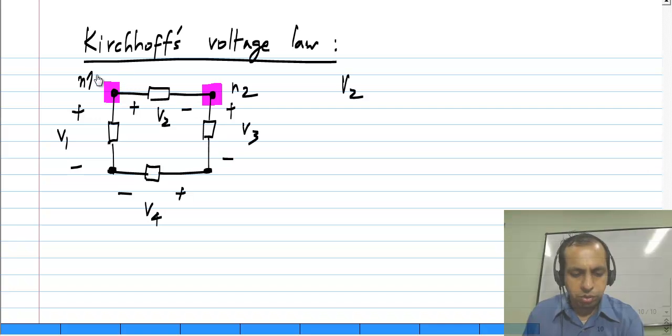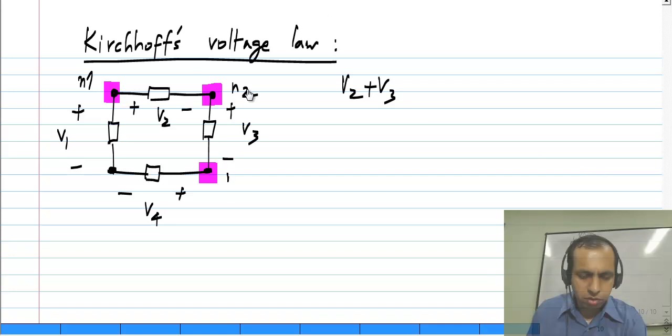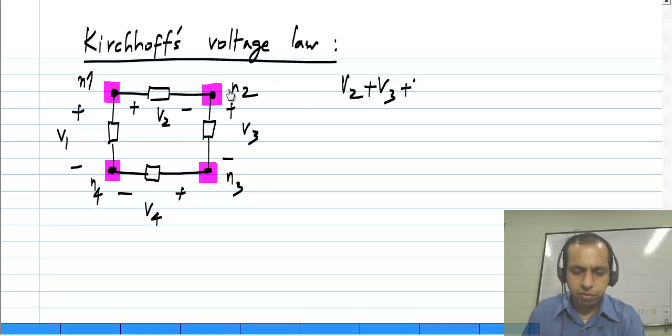Similarly, when you go from N2 to N3, the voltage falls by another V3. And when you go from N3 to N4, the voltage falls by another V4. And finally, when you go from N4 to N1, the voltage falls by minus V1. You can see that N1 is above N4.